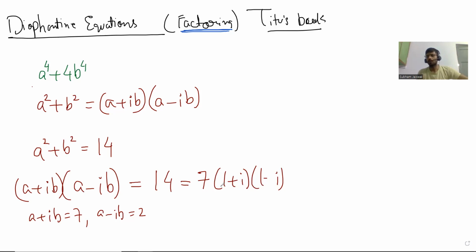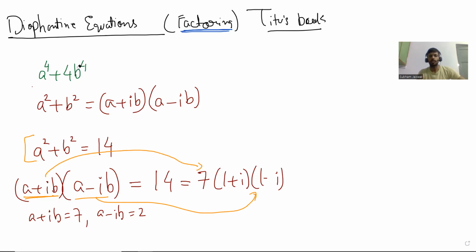Now you can say that I can take a plus ib as 7 and a minus ib as this, things like that, although you see that that doesn't work. Obviously you can say that this has no solutions in fact, but that's a different point.